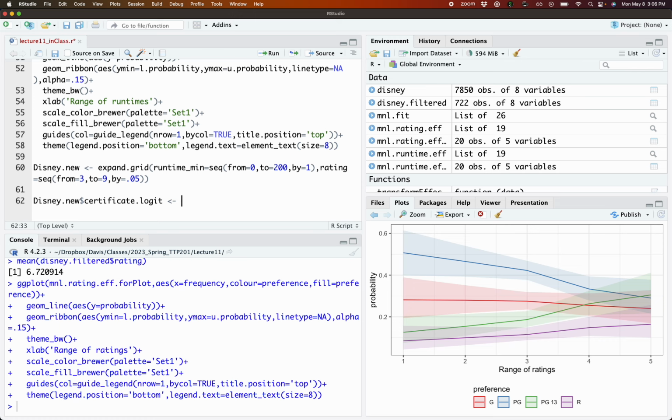So this line 60 that I just wrote is going to systematically look at a range of runtimes and ratings, okay? And so we're going to predict based off of that range of values.